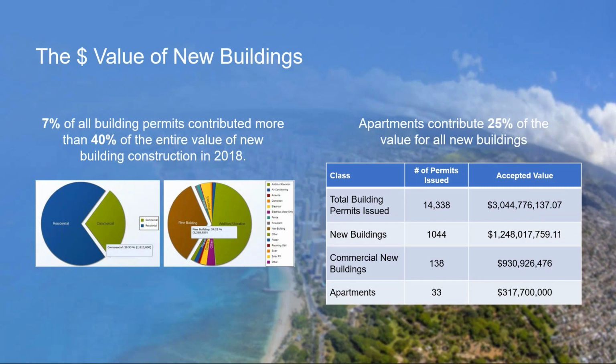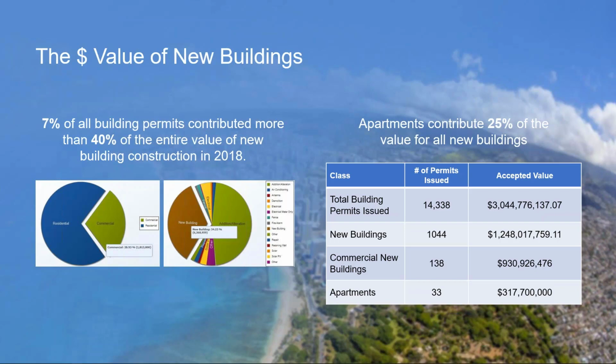To emphasize why this is important, it's important to track and manage new building data because new buildings provide a significant economic impact on our communities and the availability of housing. The integration of ArcGIS with our permitting systems allows us to research these impacts. We were able to identify that 7% of all building permits contributed more than 40% of the entire value of new building construction in 2018.